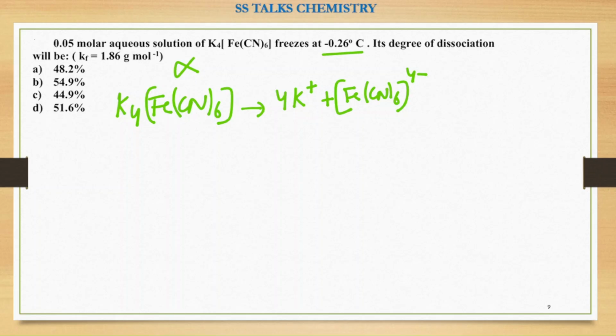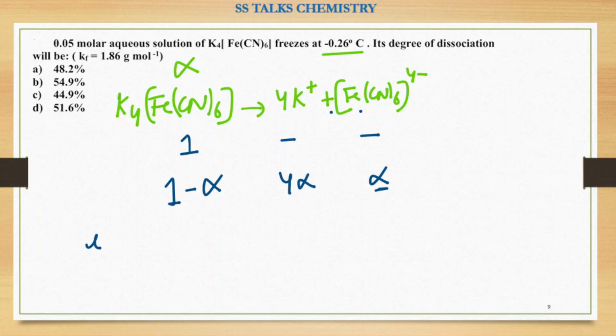So if initially you have, suppose, 1 mole of potassium ferrocyanide, in the starting nothing of it is formed. After the dissociation takes place, suppose up to alpha extent this molecule has ionized. Now here 4 alpha will be the moles of potassium ions formed, and alpha, because no coefficient is there, will be the moles of Fe(CN)6 4 negative ions formed.